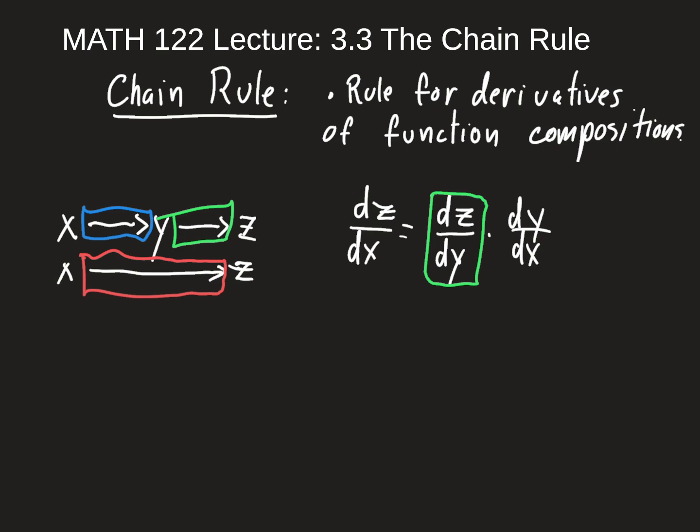This dz dy comes from the green arrow. The dy dx comes from the blue arrow. And if you multiply those two together, we get the derivative of the red arrow. In some sense, this rule simply states that the dy down here and the dy up here can cancel out.